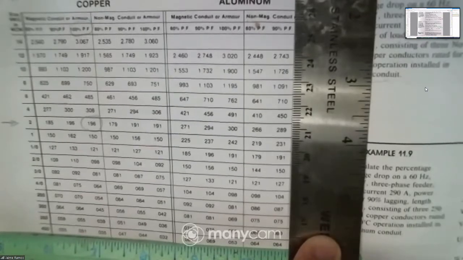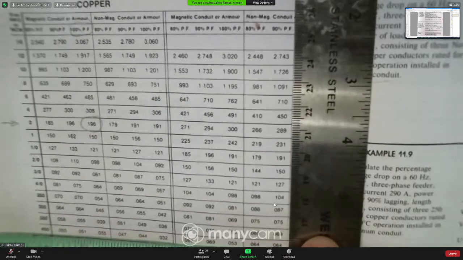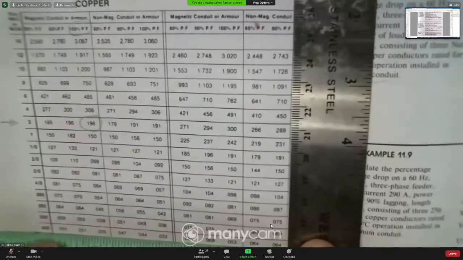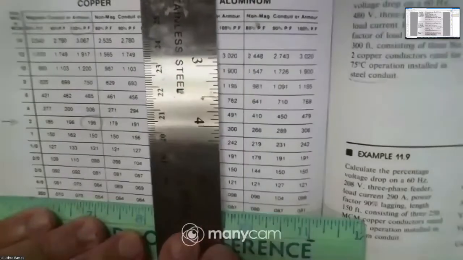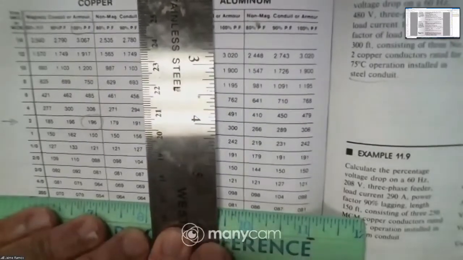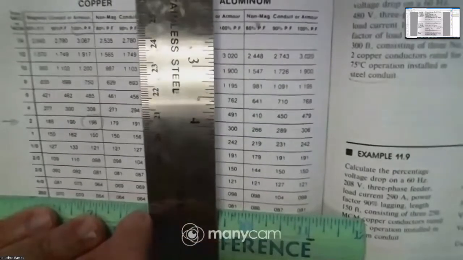Table 11, column 6, copper. Hold on. I thought it was aluminum. No, it's copper. So I'm wrong. I have to go copper here. Right here. Now I'm okay. 0.64.